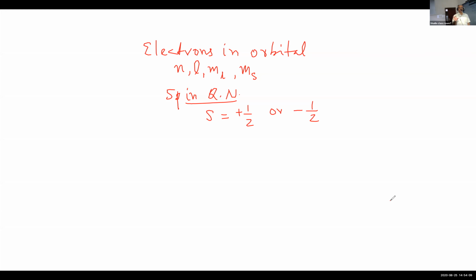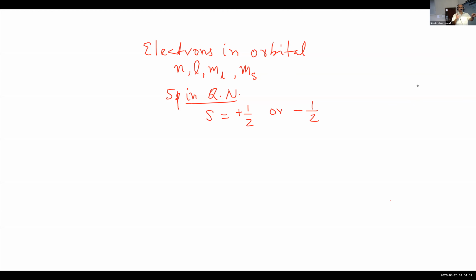If we get the principal quantum number, the azimuthal quantum number, the magnetic quantum number, and the spin quantum number also, then we can easily identify the electron. So the electrons can be characterized with the help of 4 quantum numbers. An orbital can be characterized with the help of 3 quantum numbers. But an electron can be characterized with the help of 4 quantum numbers.